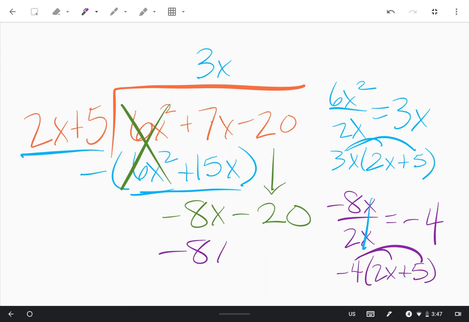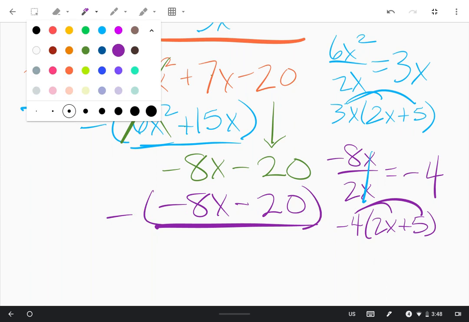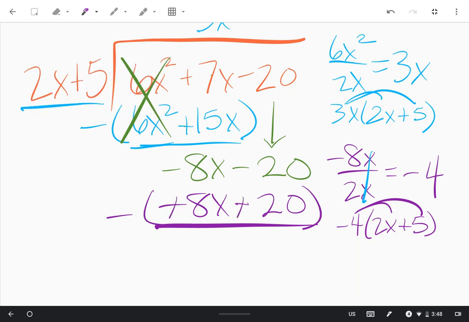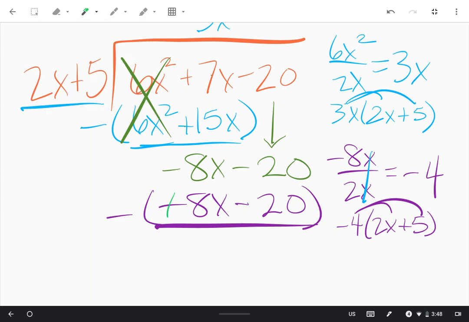I get negative 8x, again the same, that's good. Negative 4 times positive 5 is negative 20, also the same. We're going to subtract these. When we subtract, we imagine switching the signs, so this becomes plus and plus. This cancels and this cancels, leaving me with 0.